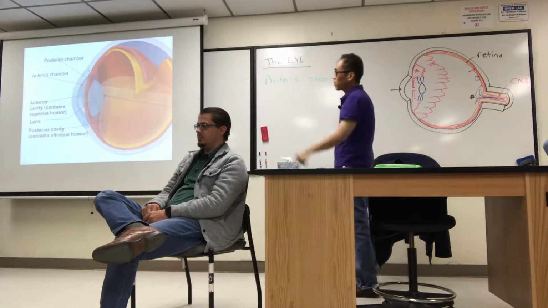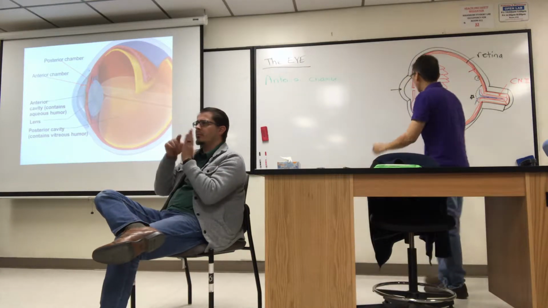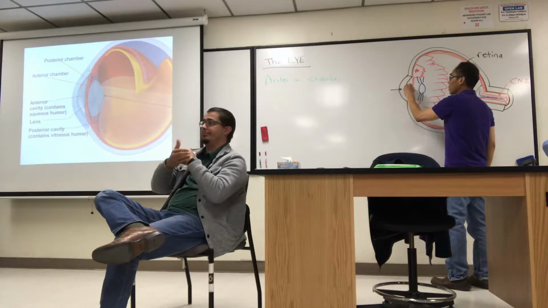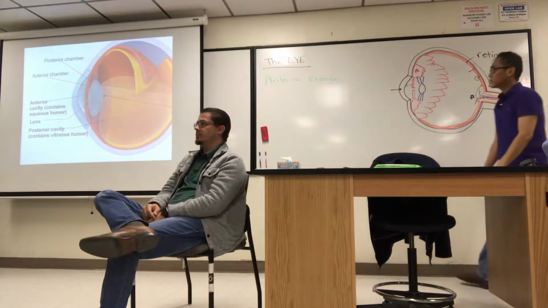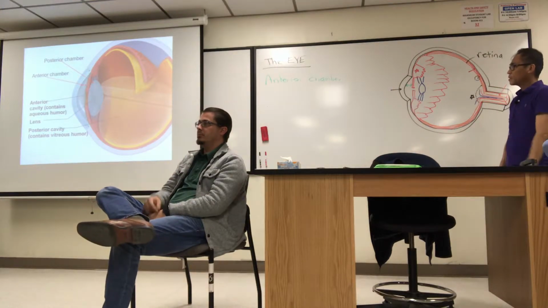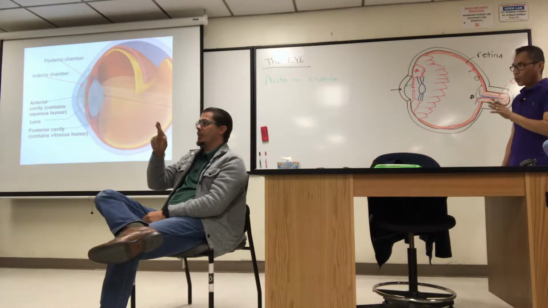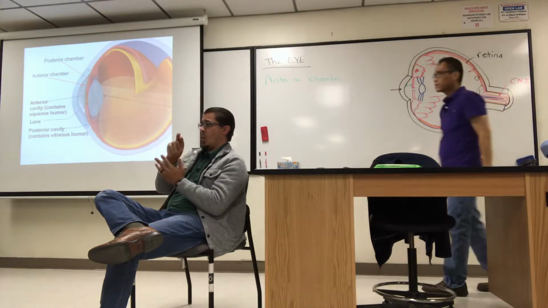On the figure, I draw a little line between lens and iris from here to here. It's called the anterior chamber, the space basically between cornea and iris.